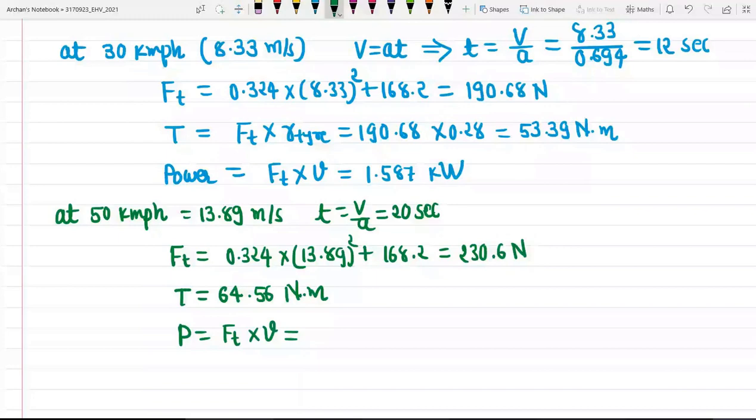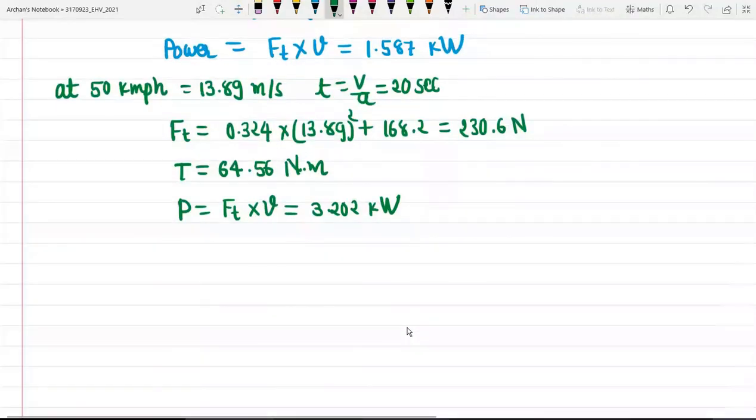So if my velocity is 30 kilometer per hour, I will require 1.5 kilowatt of power, and if my velocity increases to 50 kilometer per hour, then I will require 3.2 kilowatt. So power is increasing as we are increasing the speed.